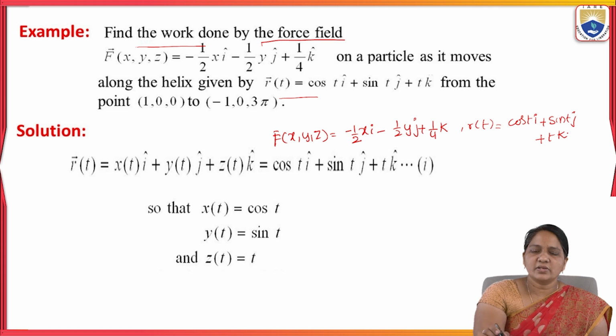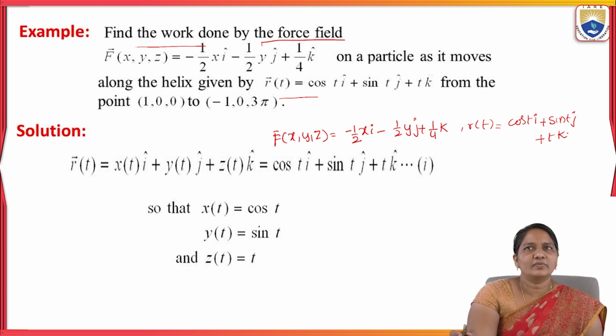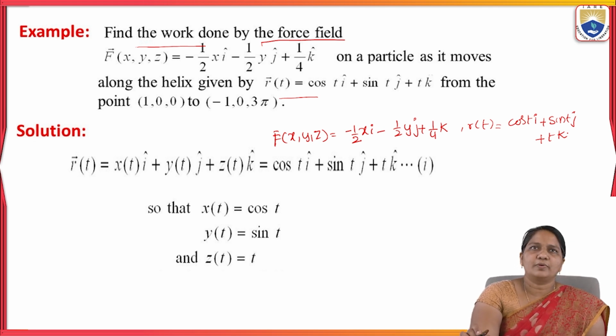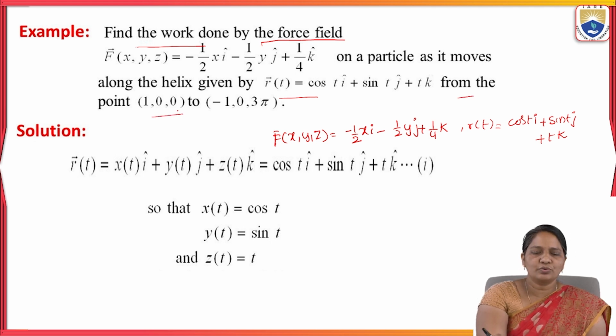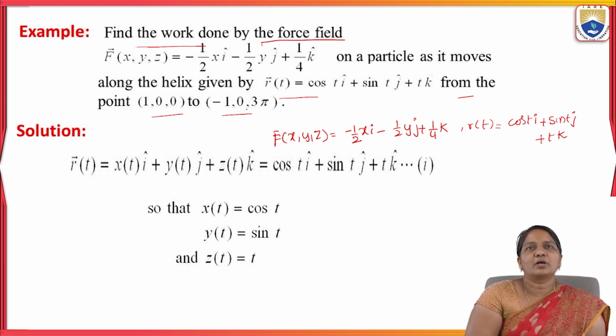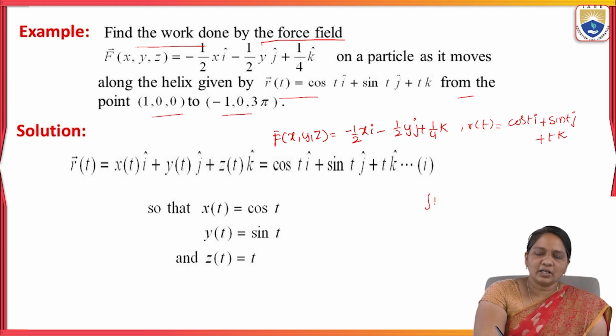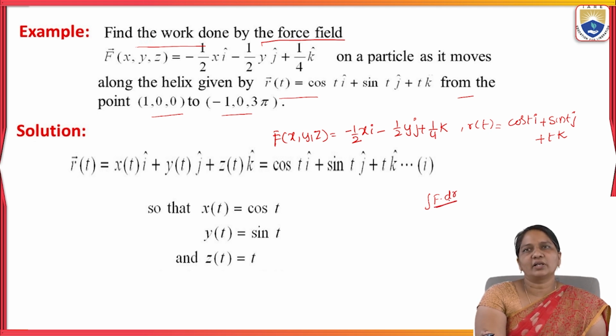So here the helix is given, that is r of t, and f is the force field, with r of t going from the point 1, 0, 0 to minus 1, 0, 3 pi. First of all, we are going to calculate the integral of f dot dr. So first we have to calculate f dot dr. We write f and r.